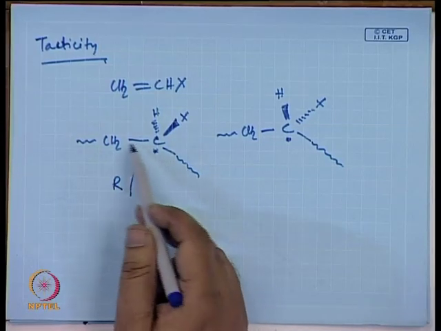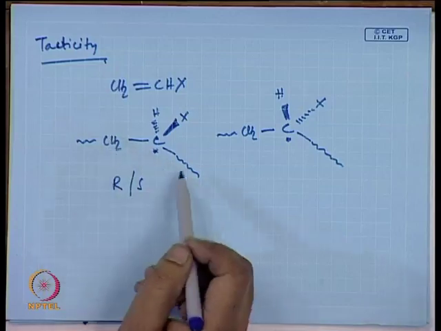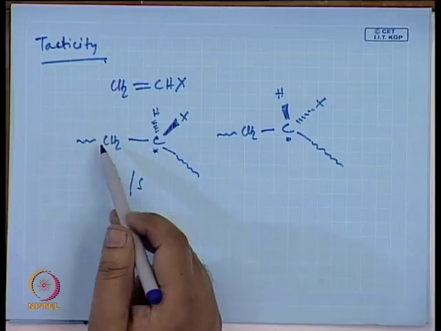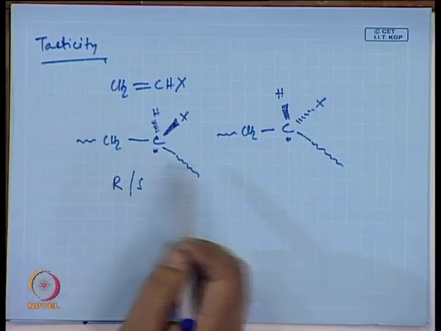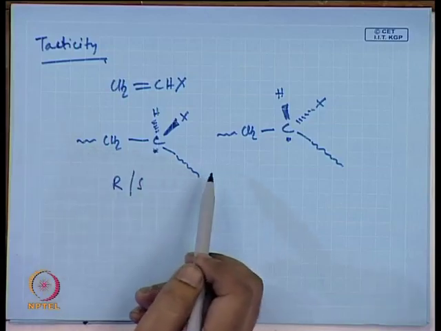Now, that will depend upon which gets priority, whether this one or this one. That will depend upon which has the higher length, and whether there is a functional group or not.